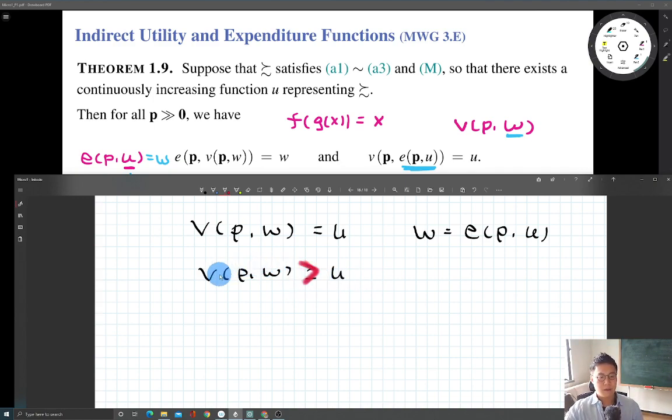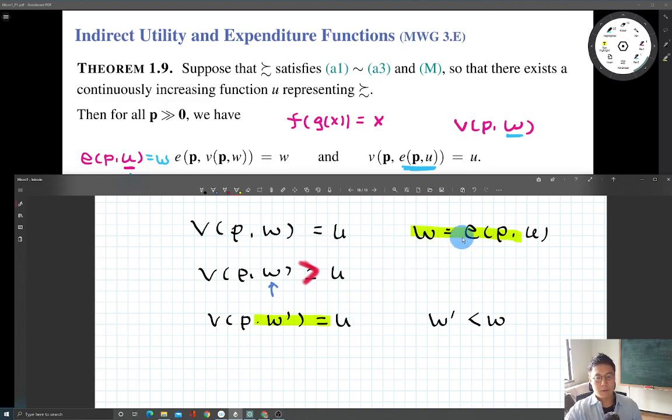But now the V function is increasing in W. So we reduce the amount of wealth to the extent that this function gives us the same value as U. Here W prime is lower than W because function V is increasing in W. So if this is higher than U, then we can reduce the size of W to the extent that these two are equal to each other. Now, comparing these two, we can see some contradiction.